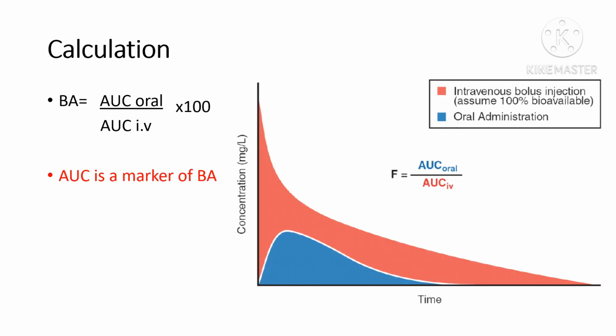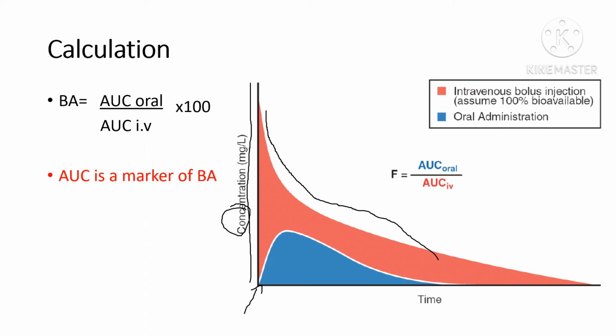There is a way to experimentally determine the bioavailability of every drug. So the way you do this is you plot the plasma concentration over time for both IV and oral dose. So first we're going to administer an IV dose here at time 0. And what's going to happen is, as you can imagine, the plasma concentration will shoot up very high and then it will steadily start to fall as the drug gets metabolized and eliminated.